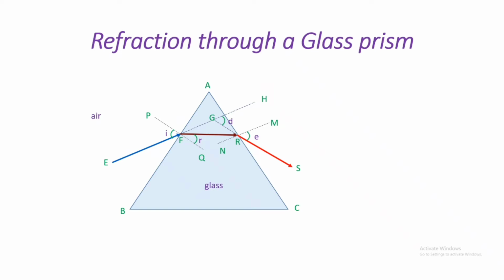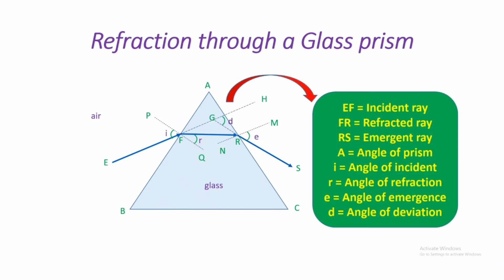If the light ray would not bend, it would take path EH. But for refraction, it takes the path FR towards the normal PQ. At point R, light emerges from glass to air, denser to rarer medium. So light bends away from the normal MN and takes path RS.